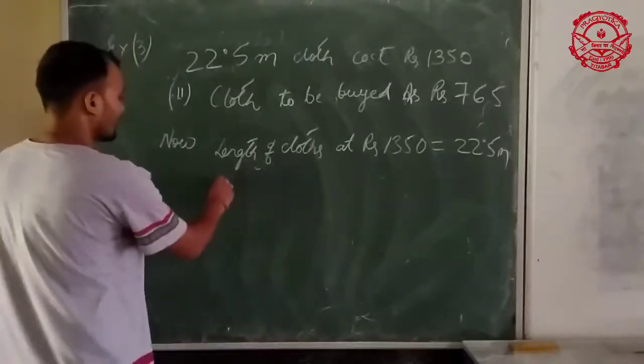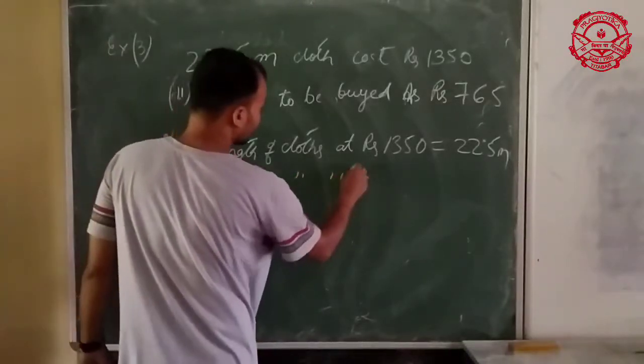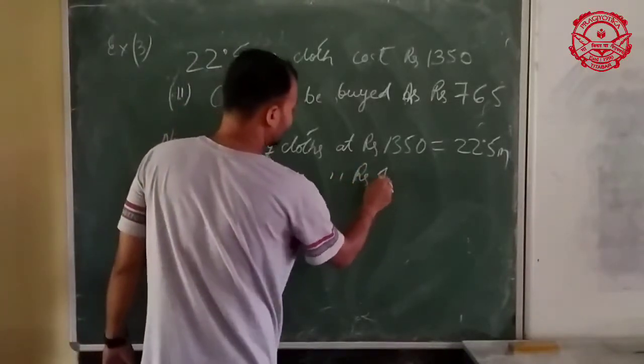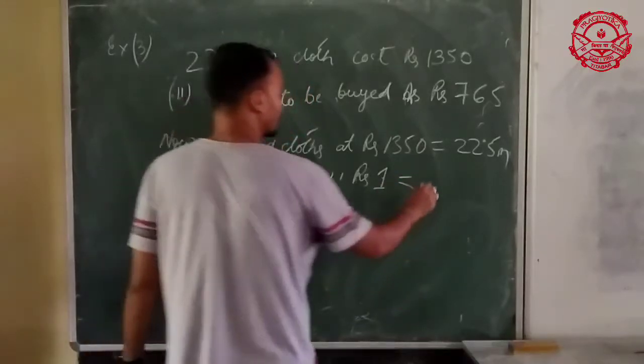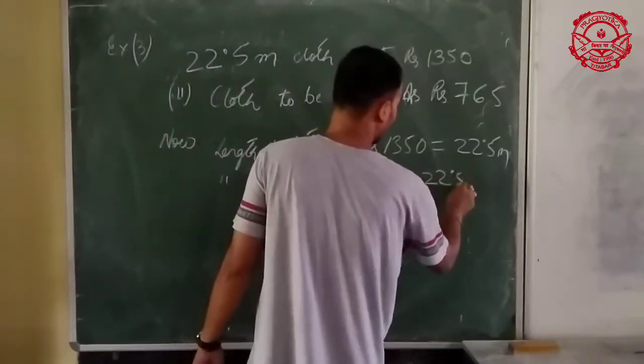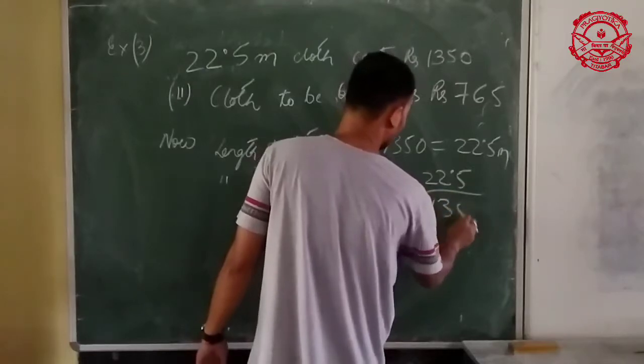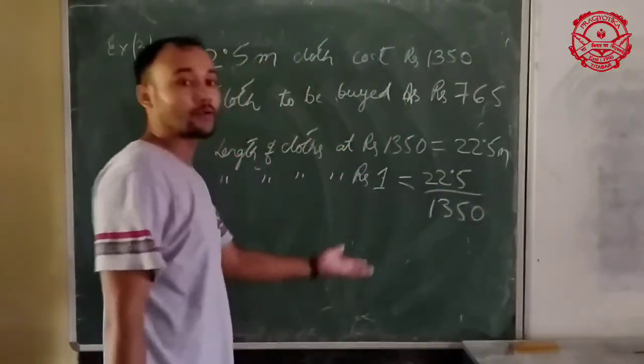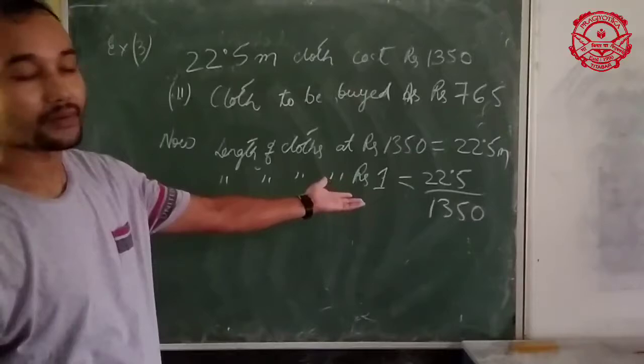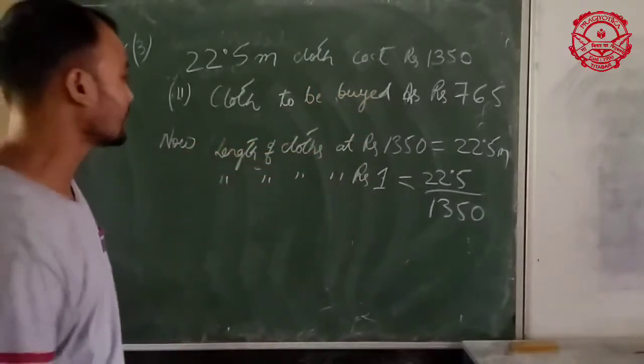Length of cloth at rupees 1: simply divide 22.5 by 1350. That's it, that is for 1 rupee. Now multiply with that and you will get the answer.